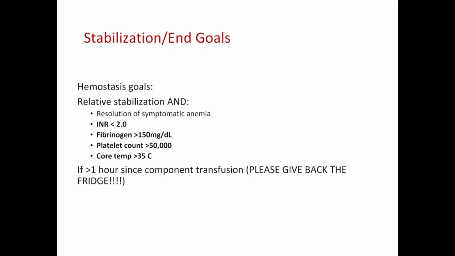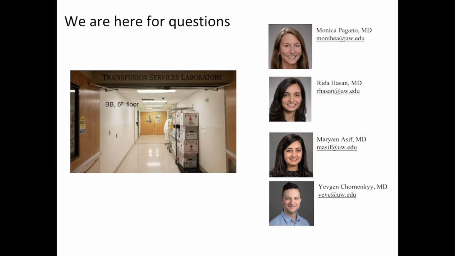The end goals of stabilization are resolution of symptomatic anemia, INR of less than 2, fibrinogen greater than 150, platelet count of more than 50, and core temperature of greater than 35 Celsius. Please give back the fridge. If it's been 1 hour since component transfusion, please give back the fridge, because we have to take these products.